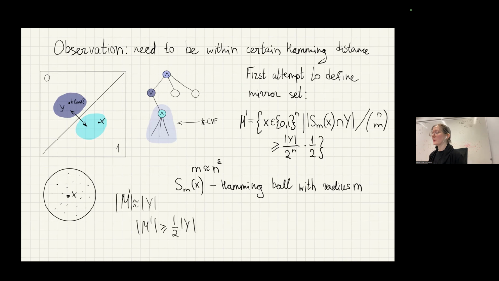Is the definition of M prime clear? Do we believe that it is large if I define it like that?